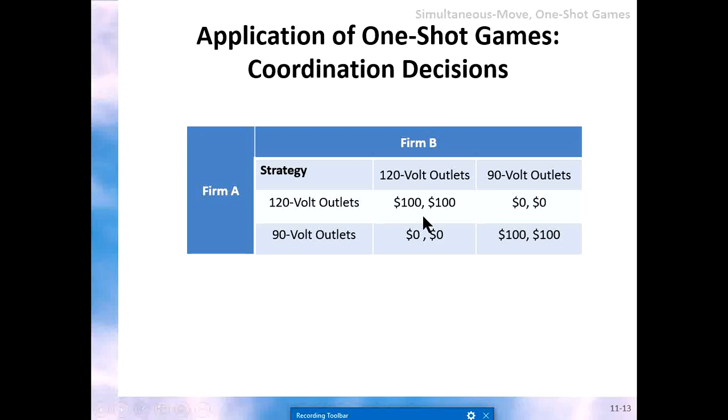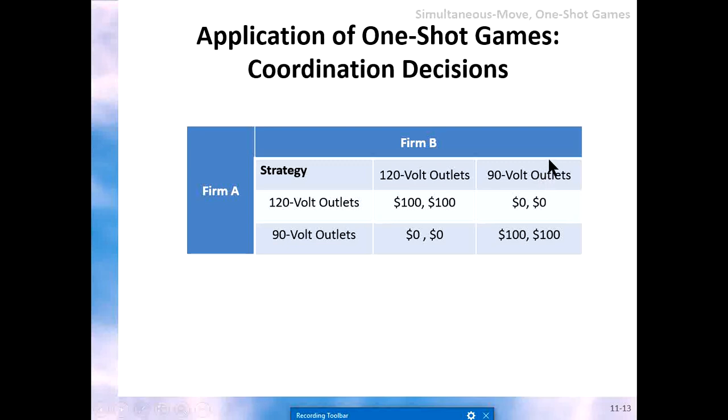So here, let's say firm A is producing 120 and firm B is producing only 90, and for those appliances, when consumers want to buy, they need to invest a lot in wiring, and bring in experts to do the wiring and the electrical connections.